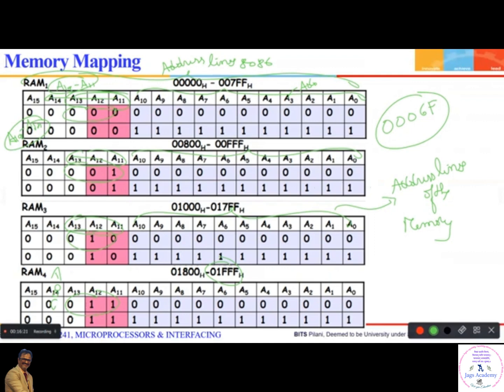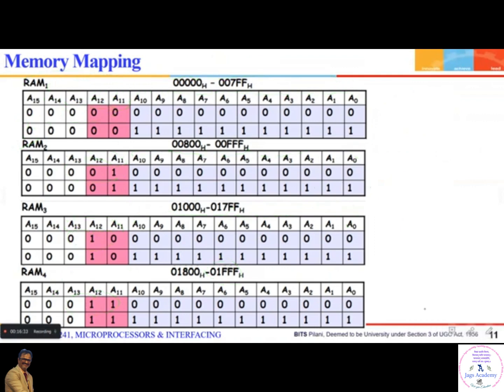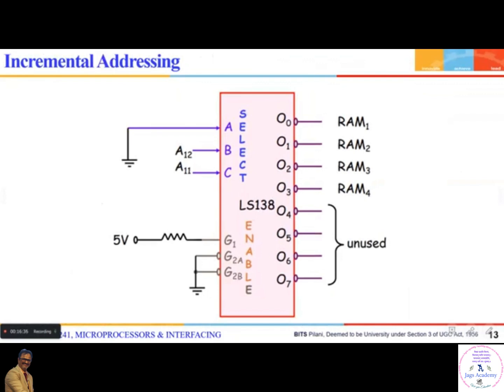For this particular design, I can very well directly short this and connect it to ground, right? We all know for this particular design, your A13 is always zero. That's why for incremental addressing, you make this A a permanent zero.